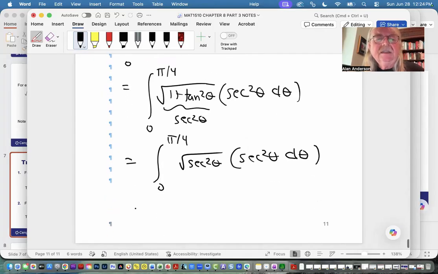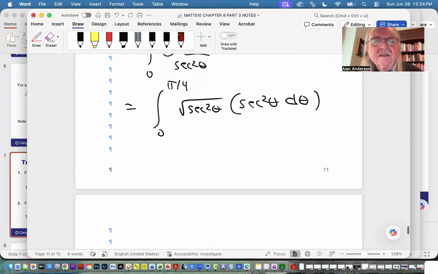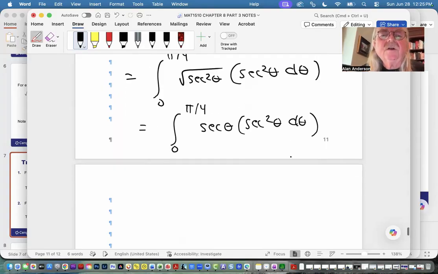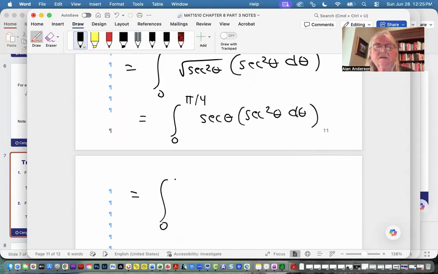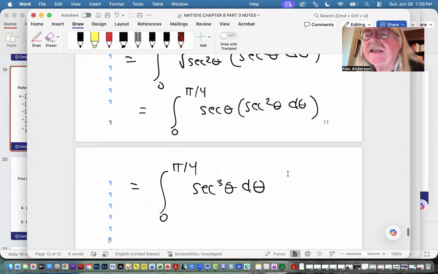And now that means we have, hold on one second, to make a little more space there, so you're ultimately taking the integral of, okay, so here we are with secant cubed theta.